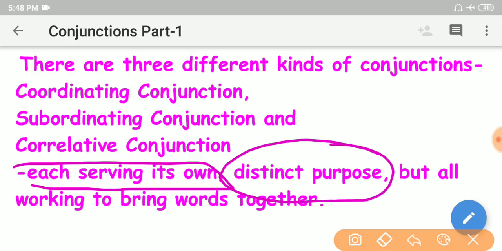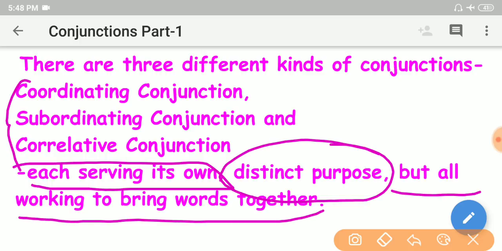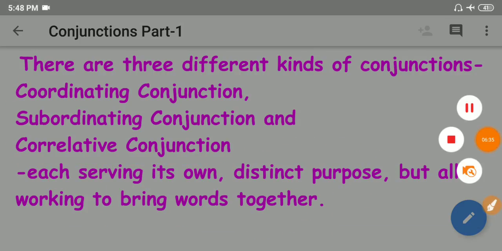But the thing is, all the coordinating, subordinating, and correlative conjunctions are working to bring words, sentences, phrases, or clauses together. So actually the main intention of a conjunction is to join the words, phrases, sentences, or clauses, my dear friends.